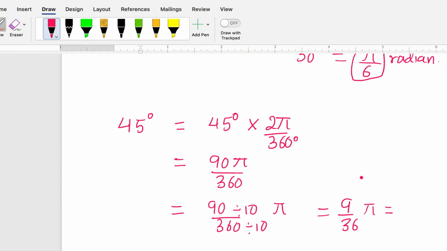So you go through that process and you are going to get 1 over 4 pi as your answer, because 9 goes into 9 1 time and 9 goes into 36 4 times. So this is the same as pi over 4. So 45 degrees is equivalent to pi over 4 in terms of radians.